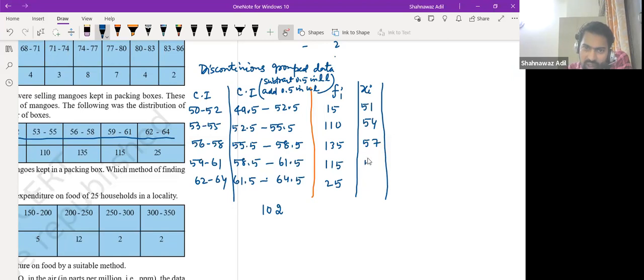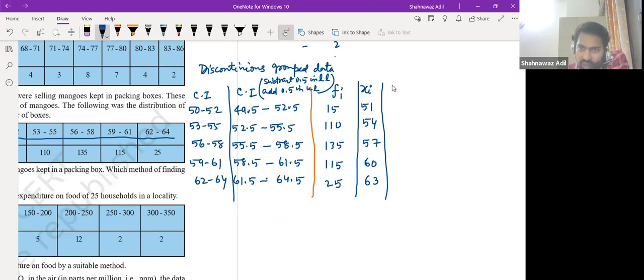This is 60, and then this is 60, right? So this is my class marks, and now I have to calculate the what?